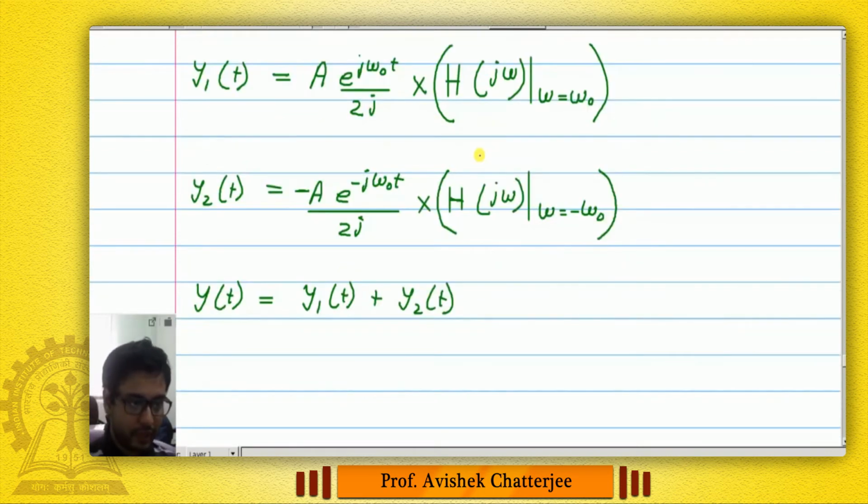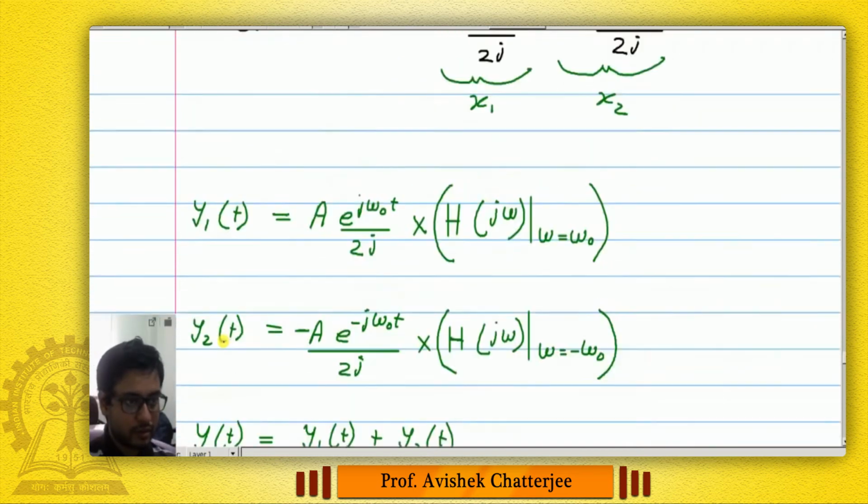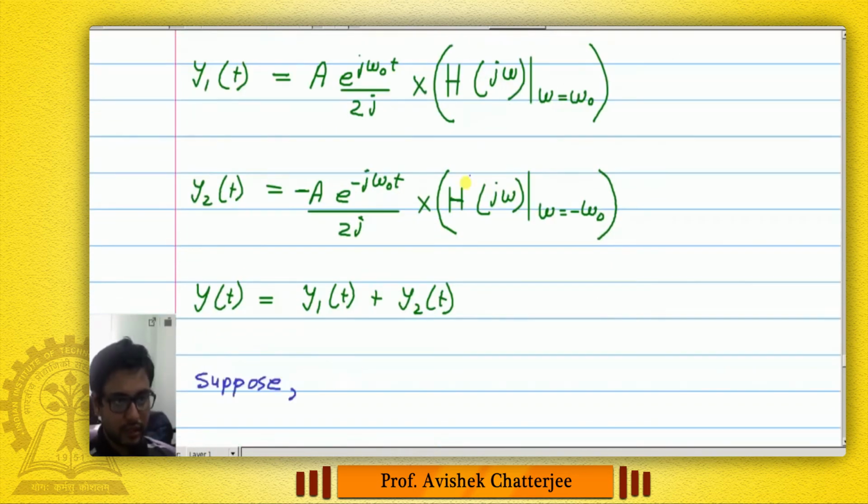For example, suppose H(j omega) at omega naught, so H(j omega naught), is a complex number with magnitude m and angle theta, which you may also write as m e to the power j theta.